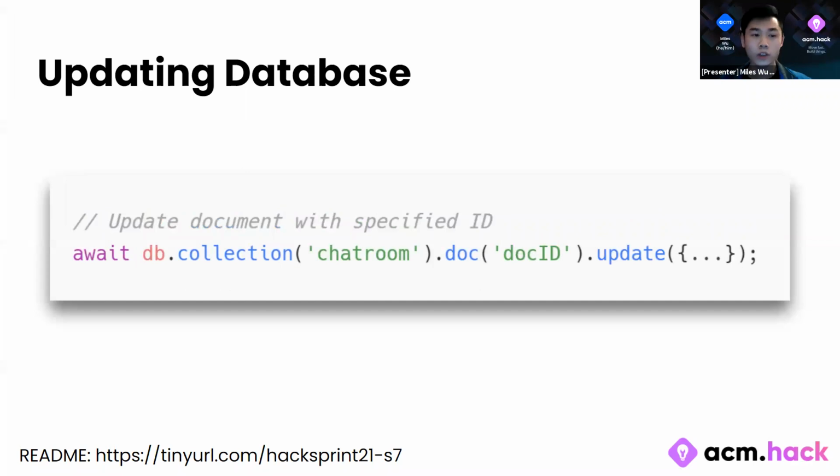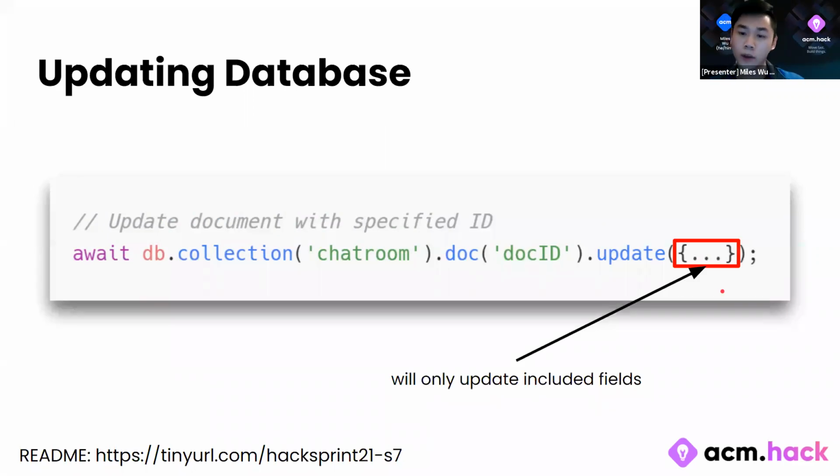Okay. Other thing we can do is update our database, right? If we already have some documents in our database, we want to update them somehow. The way we can do this is by getting a document reference here, so we have a collection and then the document inside of that collection. Then we do .update, and we pass in an object again. One thing about this object is the database will only update with the included fields in your object.